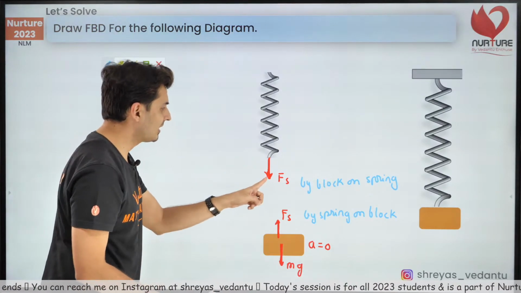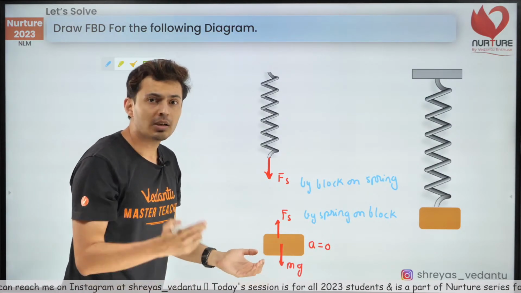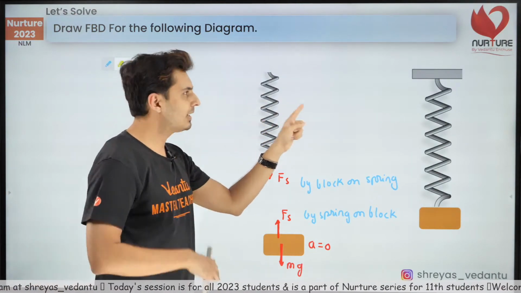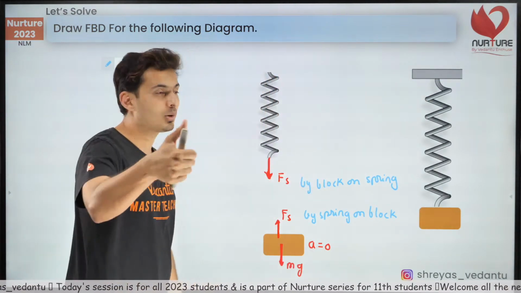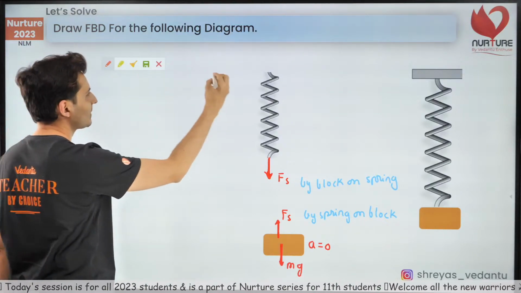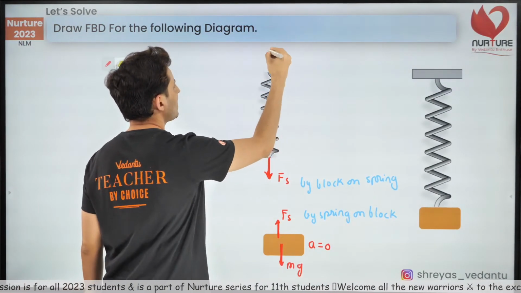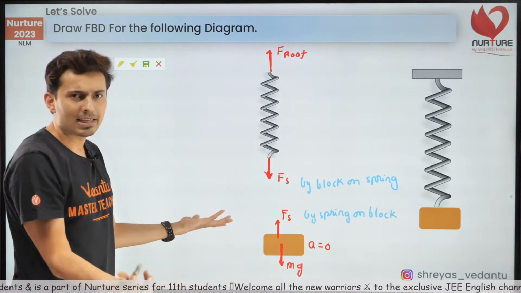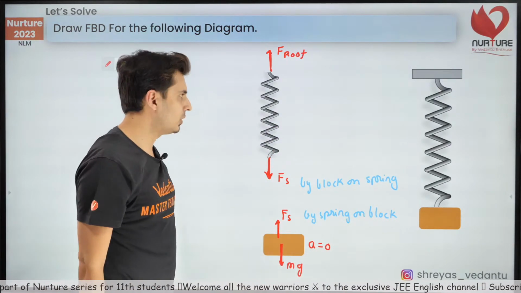Now, here is the thing. The spring is also at rest. If the spring is at rest, there must be one more force to balance it. Who will apply that force? From the top, from the roof, there will be one more force. I'll just call it the force from the roof. It's fine, not an issue.